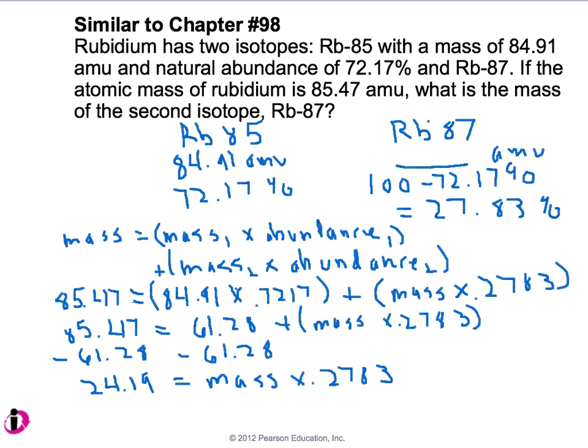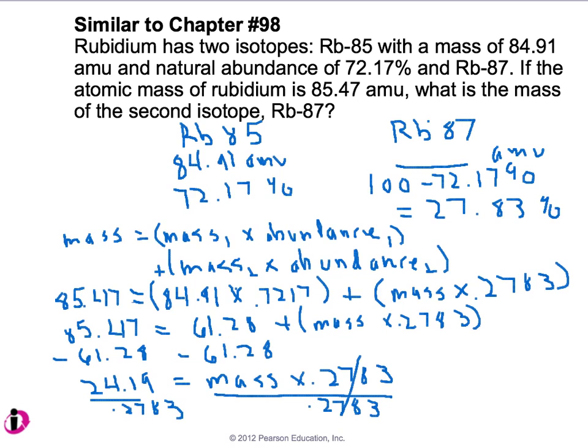Okay, so we're pretty close now. One more step's going to get that mass by itself, and that last step is got to do the opposite. So if you see times, the way you get rid of something if there's a times sign is you divide. So we'll be going ahead and dividing both sides by 0.2783. And again, that'll make this cancel.